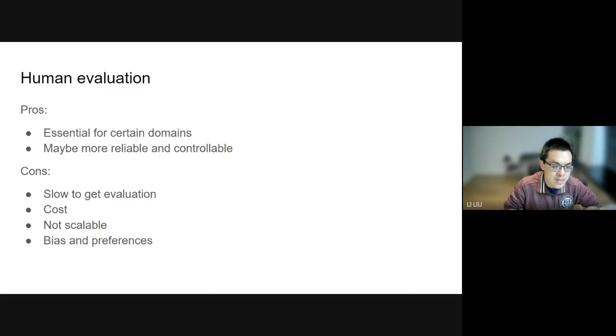This is very essential for certain domains where human input is very important for regulation purposes. The other reason is that this is probably more reliable and controllable than using AI to do the evaluation, because this way the human gives the expected evaluation.